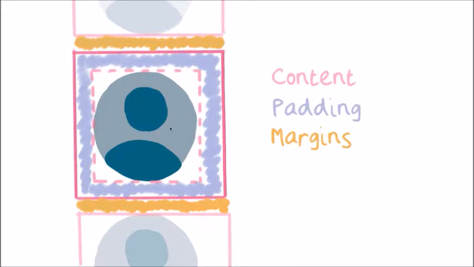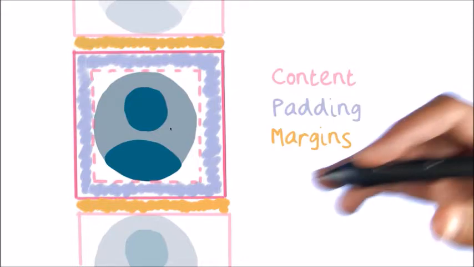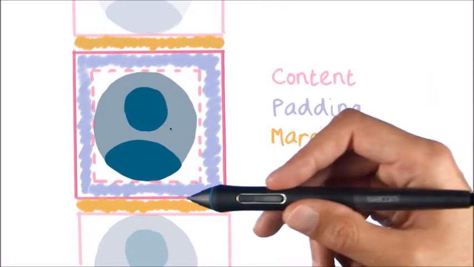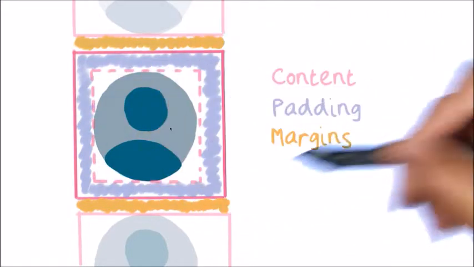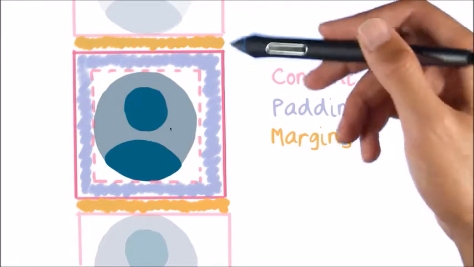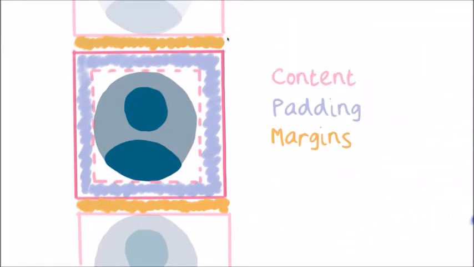The answer is if you want the touchable area or the background of the object to be enlarged, then use padding, otherwise use margin. So in our example, if we want this avatar to be clickable with a nice big touch target, but we don't want any touch highlight to extend too far towards the other items, we could use a combination of padding around the element to enlarge the touch area, and then margin between the elements to separate them out without that being part of the clickable zone.